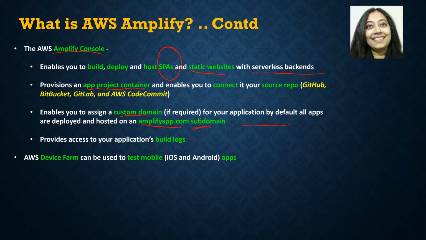All apps are deployed and hosted under this subdomain by default. From your console, you can also access your application build logs. Now, assuming that you are developing a mobile app, you can leverage AWS Device Farm to test it. This is both for iOS and Android.